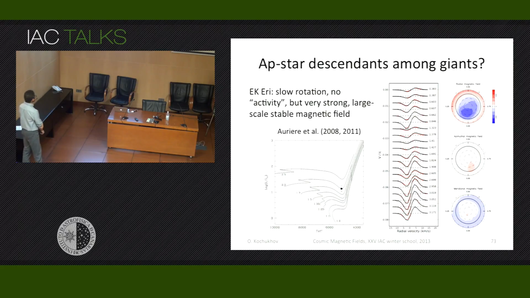Apparently, and that's the leading hypothesis in explaining these stars, some stars manage to retain their global dipolar field even when they become giants. And this field survives for some time and shows up in the giants even though they have convective envelopes. So convection in the presence of a global dipolar field.